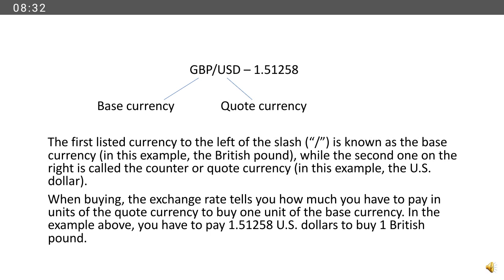Let's say you want to buy the Great Britain pound. This is the exchange rate. This is the amount you are going to pay in exchange for the US dollars.